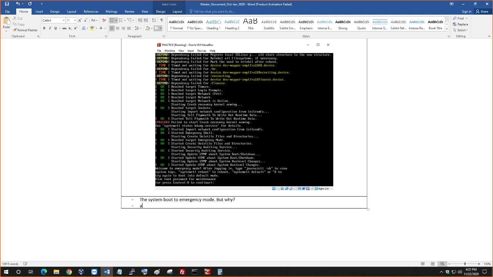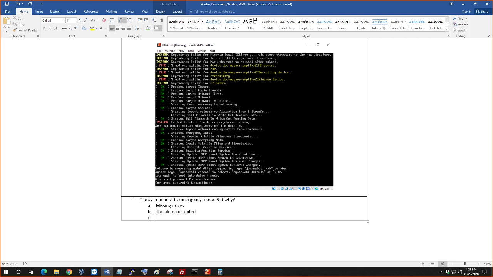Okay, so one possible reason is missing drives. The file system is corrupted.